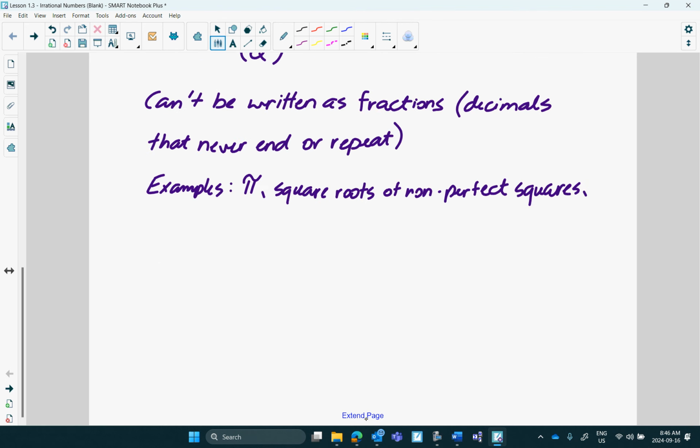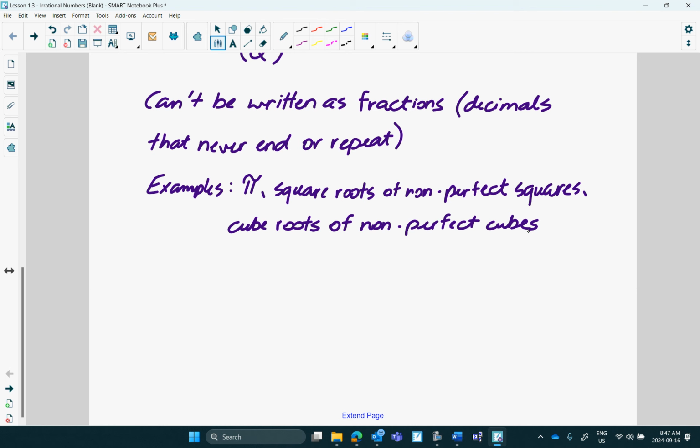Same thing with cube roots of non-perfect cubes. So like the cube root of 0 is 0, the cube root of 1 is 1, the cube root of 2 is 1 point something.